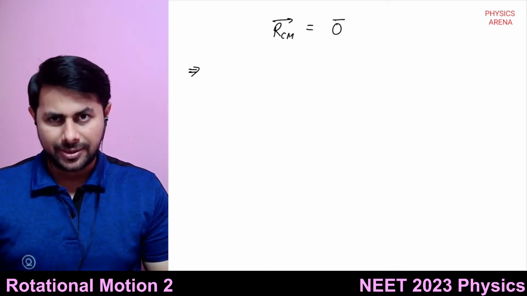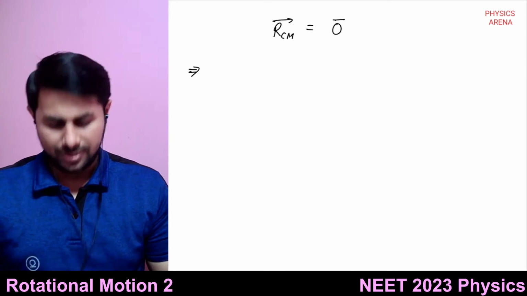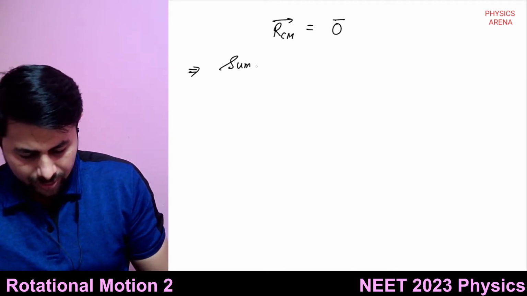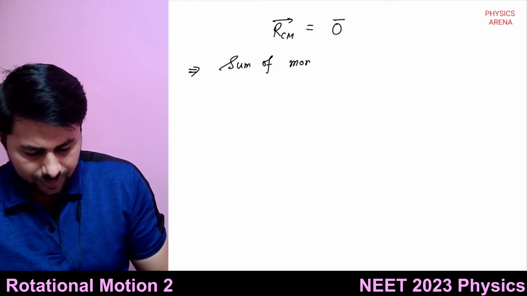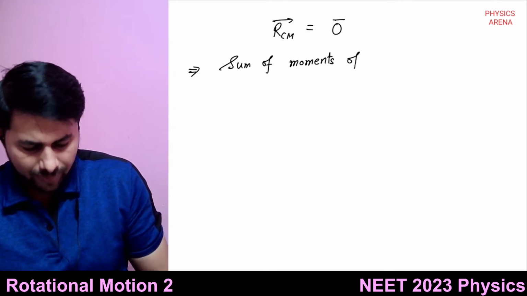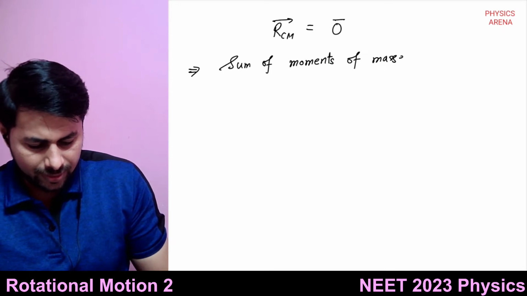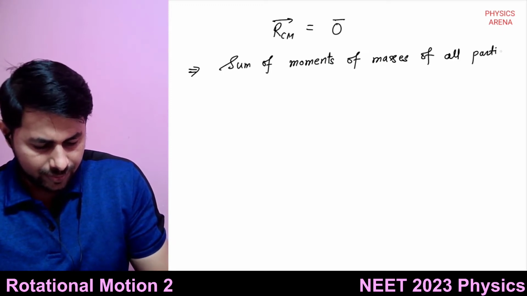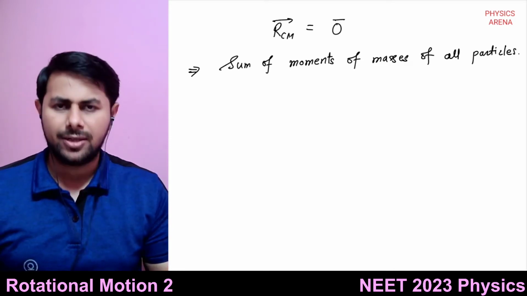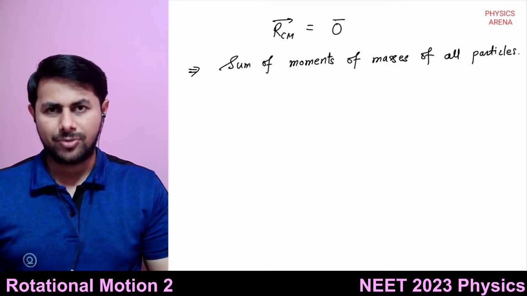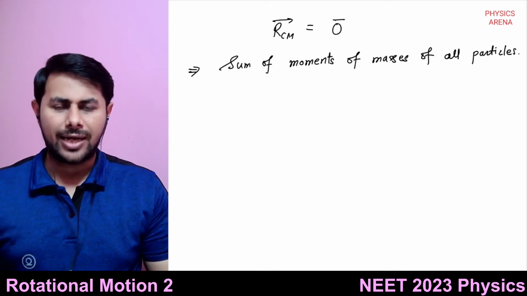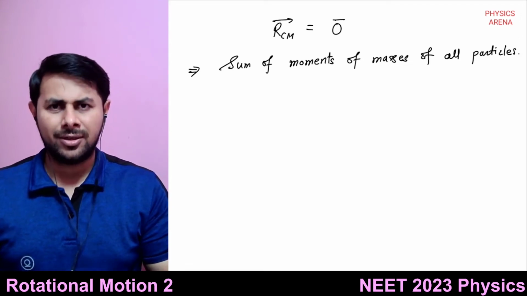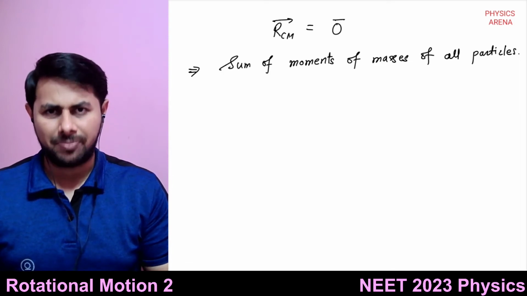So the sum of moments of masses of all particles. Now you are calculating moments of masses with respect to what? You calculate them with respect to some origin, and now you are considering the origin to be the center of mass.